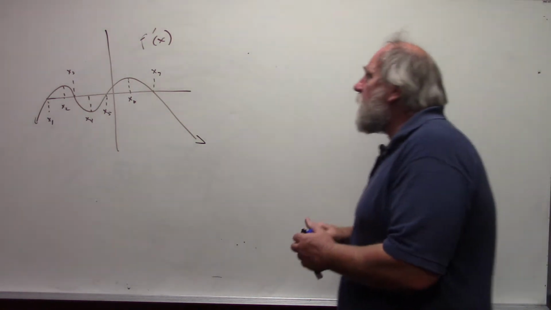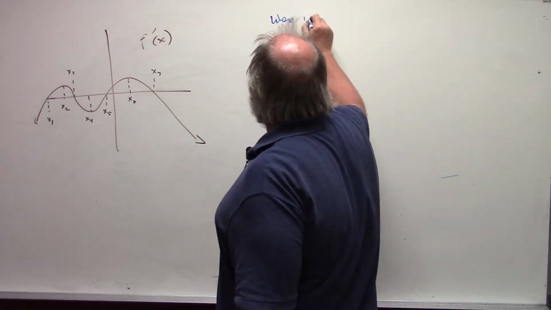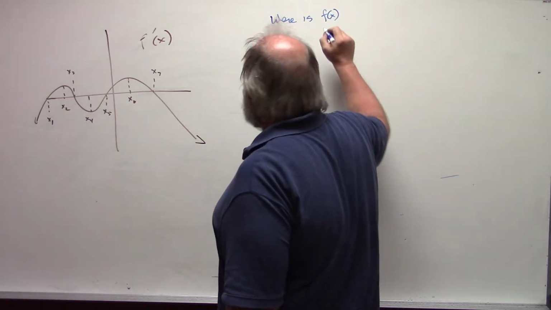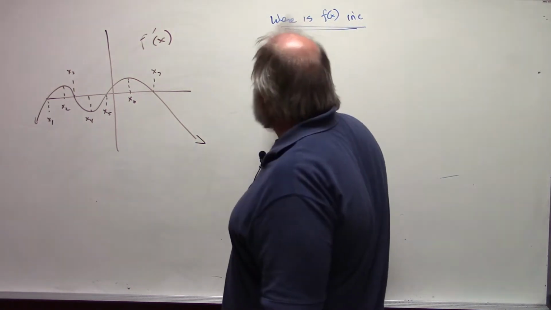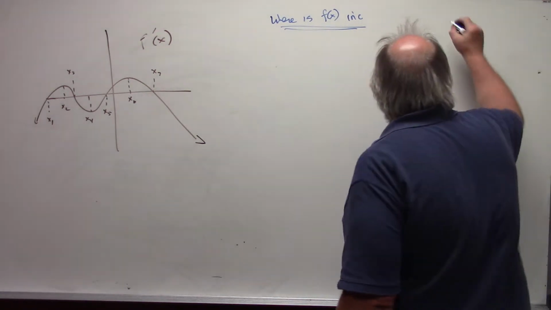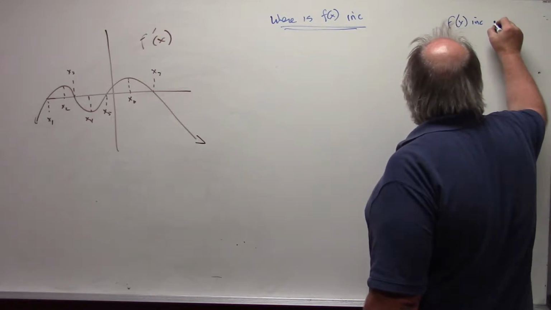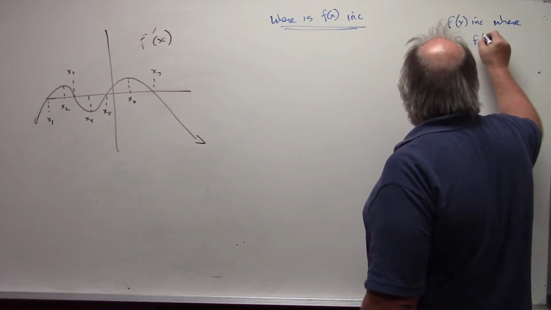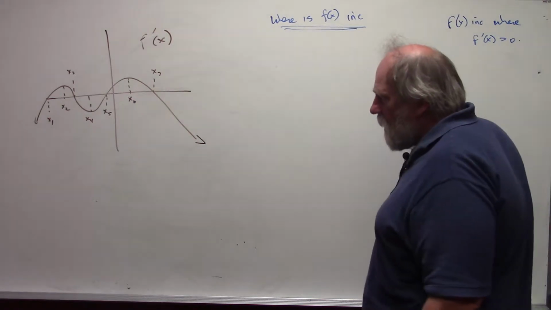And from this, I want to know where f of x, the original function, is increasing. Now, f of x is increasing where f prime of x is positive, greater than 0.